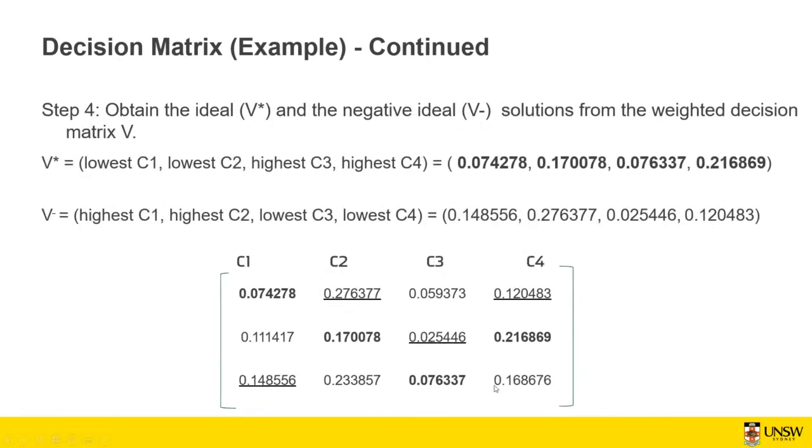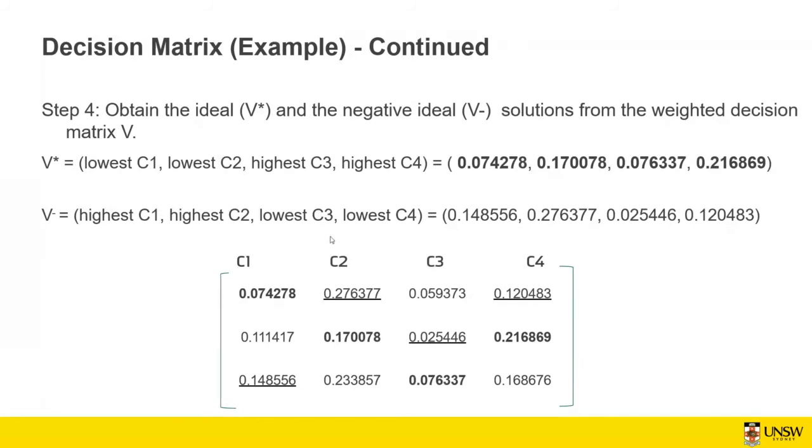Based on this matrix and on finding our most preferred and least preferred values, we create these two ideal and negative ideal solutions. The ideal solution, or V star, is going to be the lowest value of C1 and lowest value of C2, because we want to minimize C1 and C2, and the highest value of C3 and C4, because we want to maximize C3 and C4.